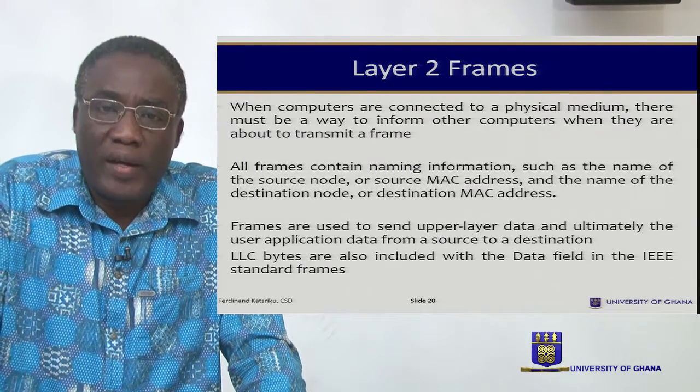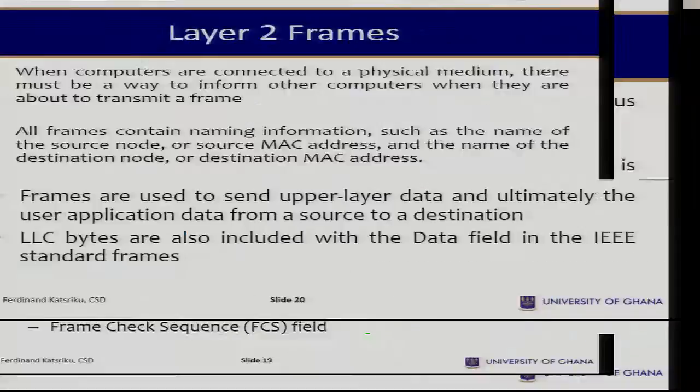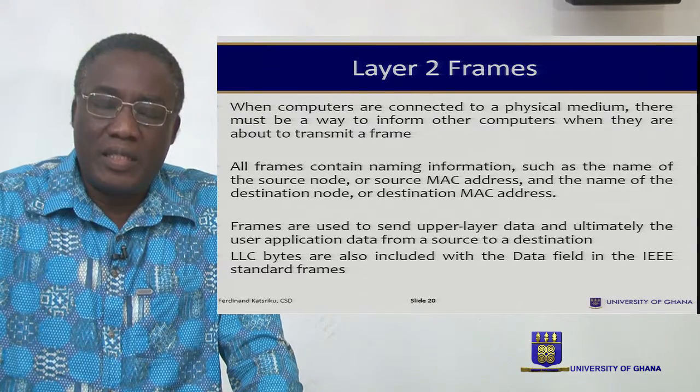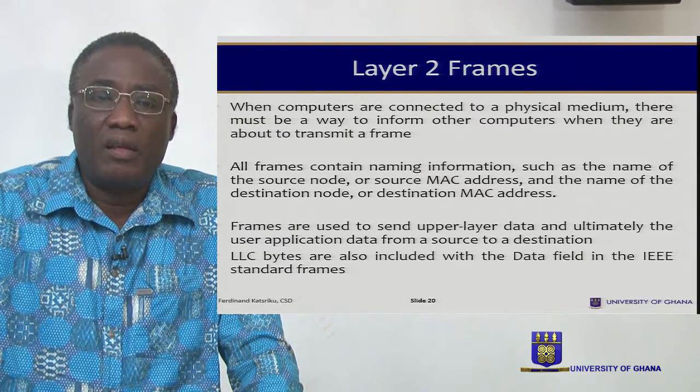When computers are connected to a physical medium, there must be a way to inform other computers when they are about to transmit a frame. All frames contain some naming information, such as the name of the source node or source MAC address, and the name of the destination node or the destination MAC address.